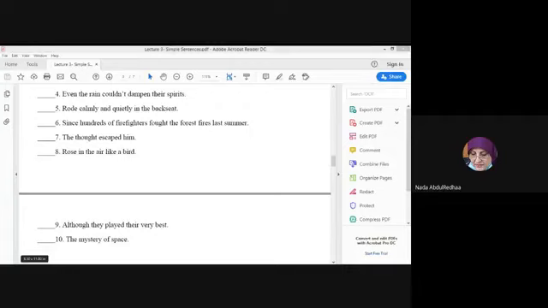Is it a fragment or a sentence? No, Heba, you are not Heba. Is it a fragment or a sentence? Fragment. So if you want to modify it to be a sentence, what are you going to do?